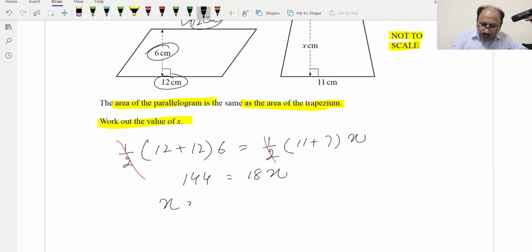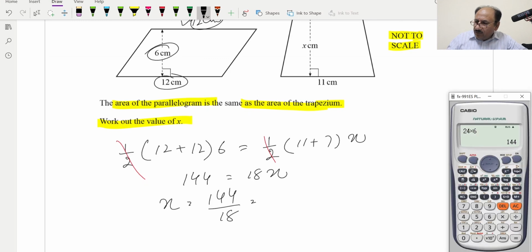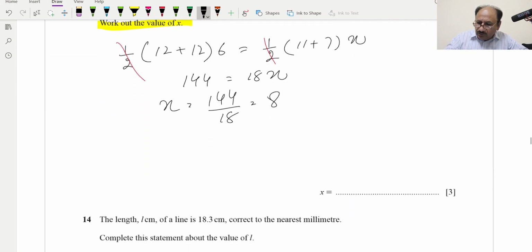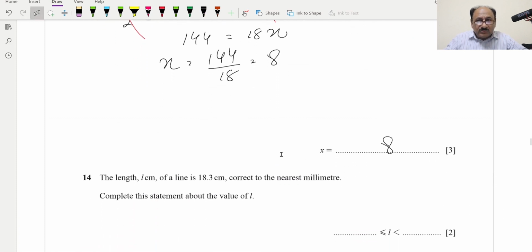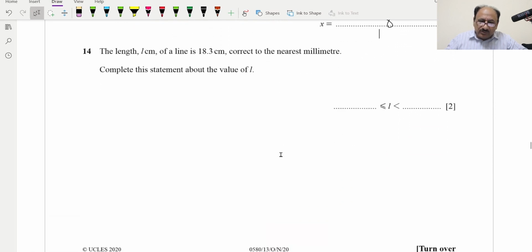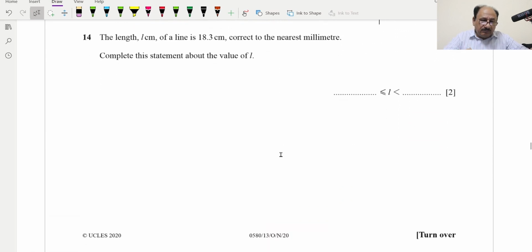So x will be equal to 144 over 18, and 144 divided by 18 will be equal to 8. So x value will be 8, which we will write over here at the proper location. This is 3 marks, very straightforward question. If you know how to form the equation, then rest is just simplification, which you can algebraically simplify.